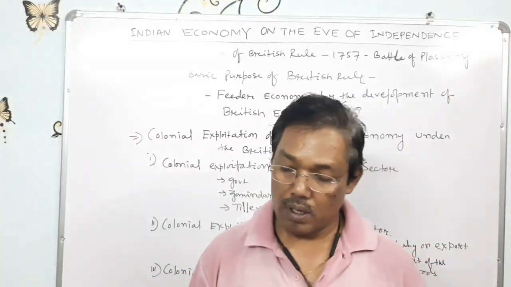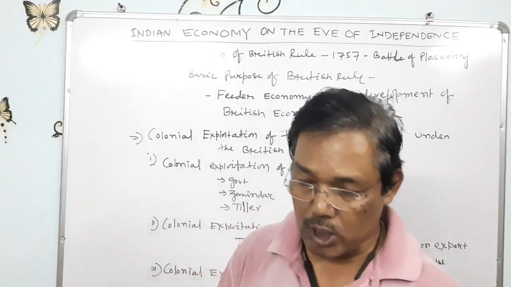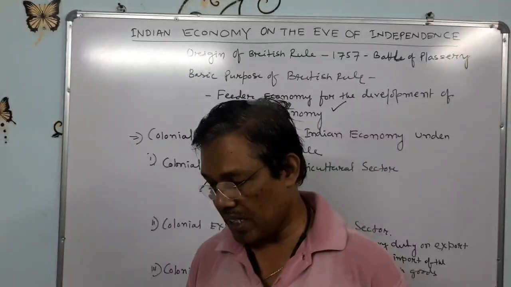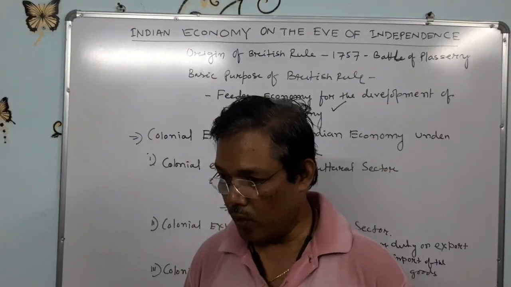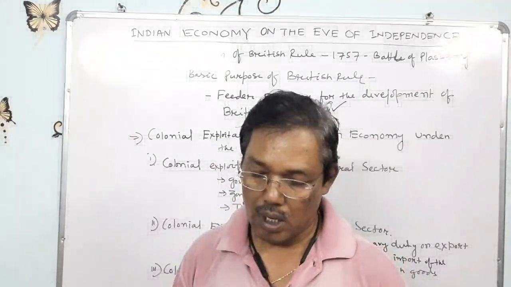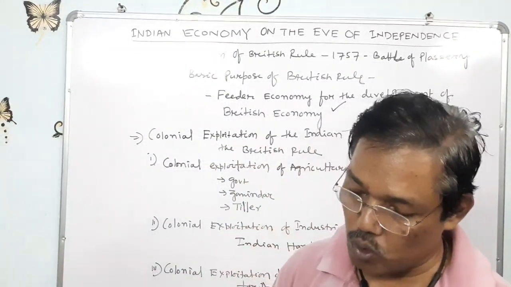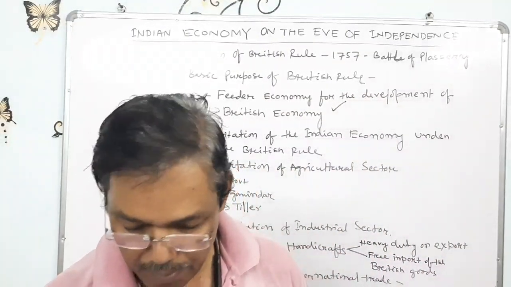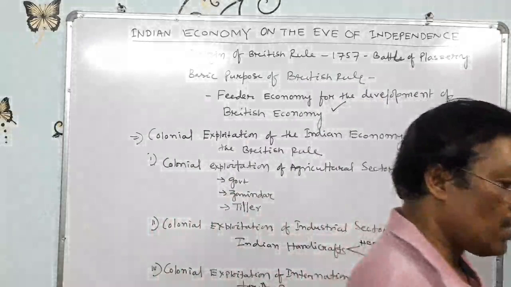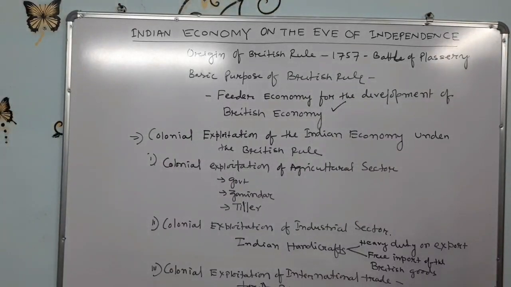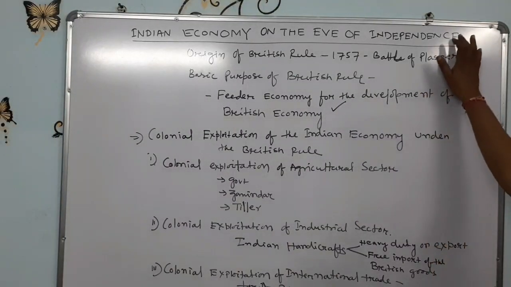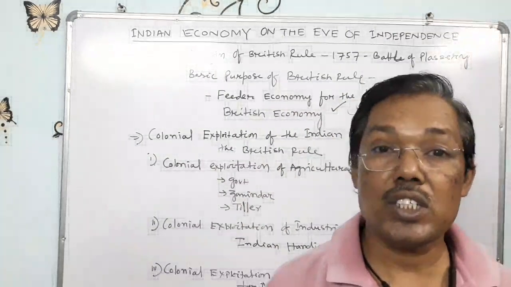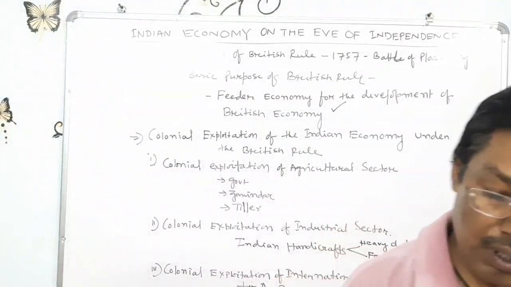Finally, after they exploited our resources, we proceeded through various stages and got our freedom after 200 years of British rule. India gained independence from them on 15th August 1947. So whenever we are discussing the Indian economy on the eve of independence, what was the condition of our Indian economy at that time?